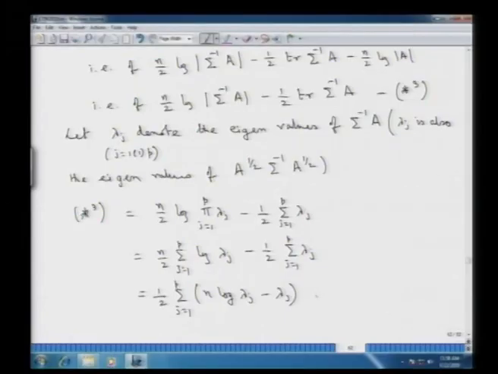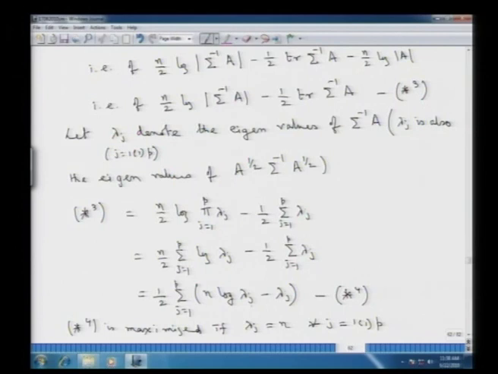So this star 4 is maximized if lambda j is equal to n for all j equal to 1 up to p, right. So that is basically the lambda j.